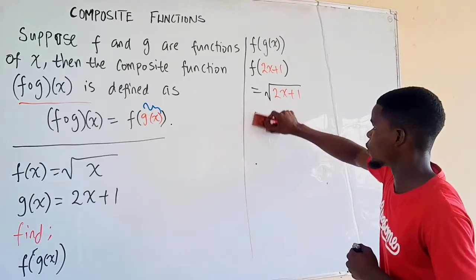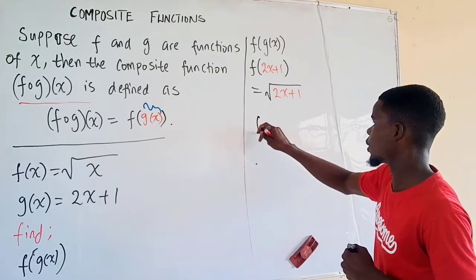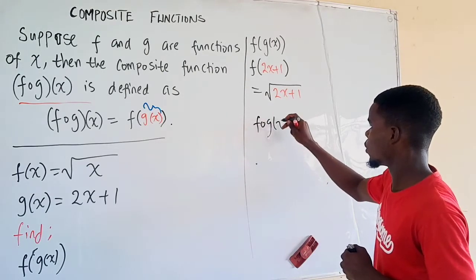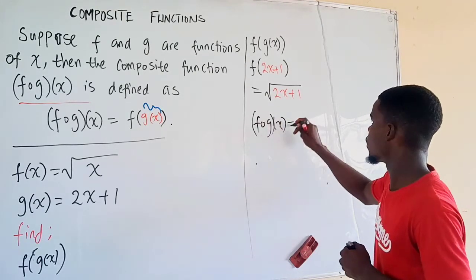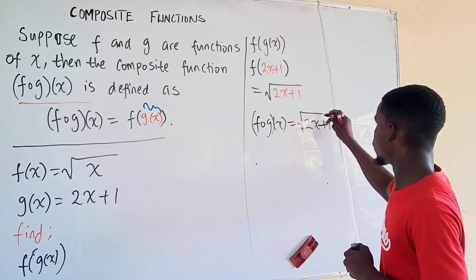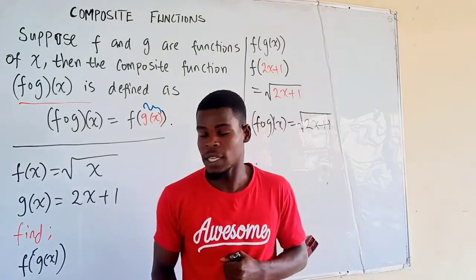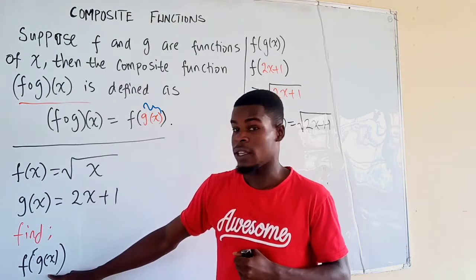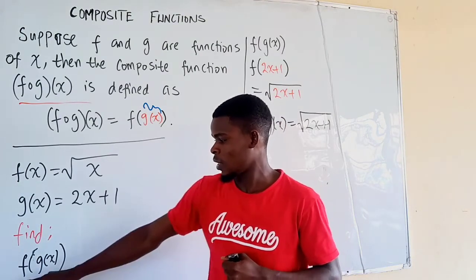And this right here is what we call the composition of functions. So maybe I can put it down as f of g of x equal to the square root of 2x plus 1. So you start off with the inside function, and then when you're done with that, you now apply the outside function.